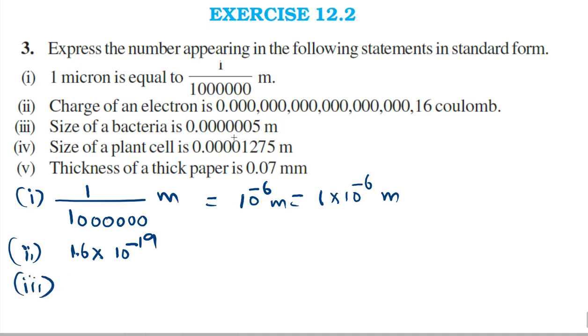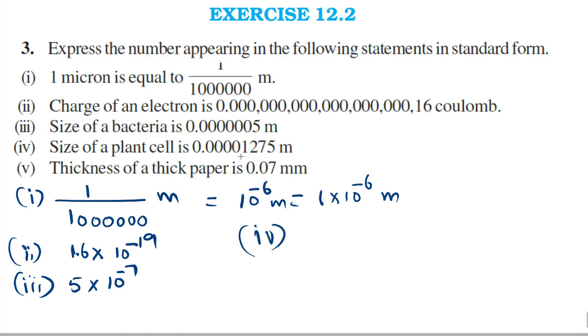Size of a bacteria is 0 point something. So here 5 we have. We can write 5.0 or 5 times. How many places do we need to move? 1, 2, 3, 4, 5, 6, 7 places we need to move. So times 10 to the power of negative 7 we can write. Next, fourth one.